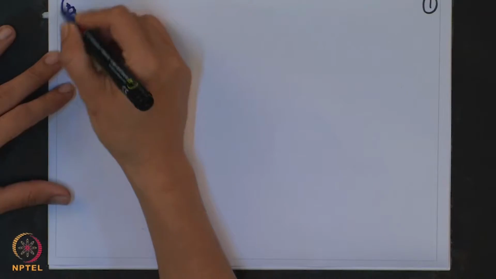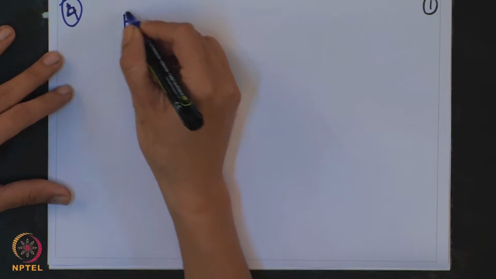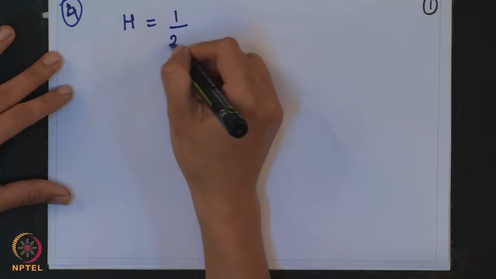After these practice problems on Pauli matrices, we now move on to problems on a charged particle in an electromagnetic field whose Hamiltonian is given to us. This is the Hamiltonian.